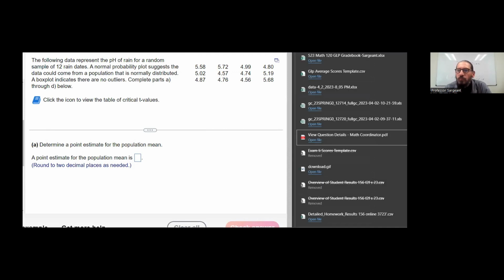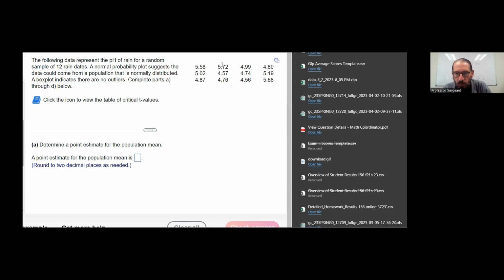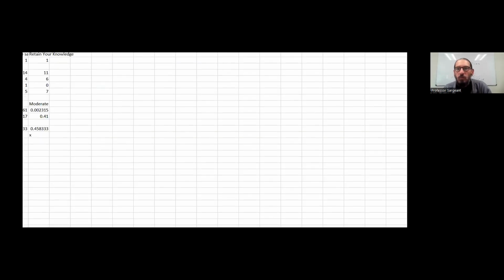Now, it doesn't make a difference when it comes to the mean how you do this, because you just add up the scores and divide by how many scores there are, whether it's a population mean or a sample mean. So it's going to open up in just a minute here.